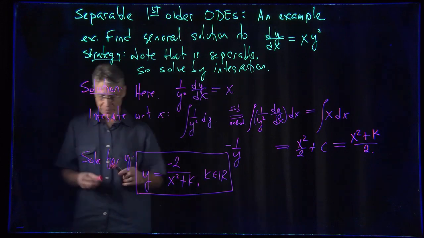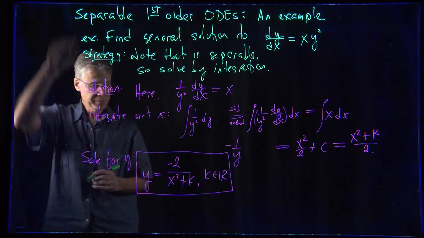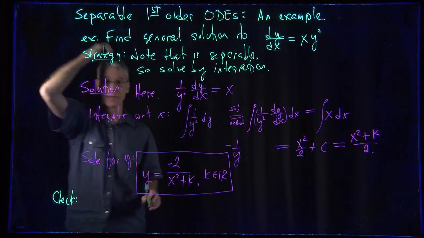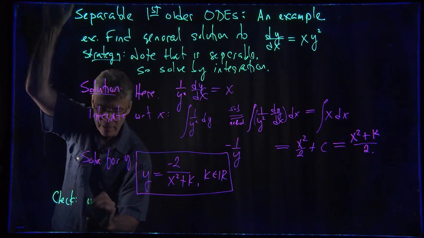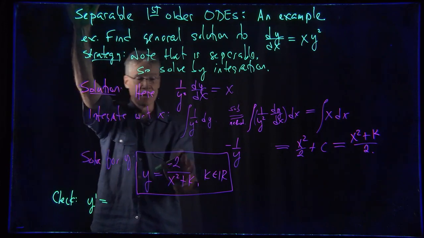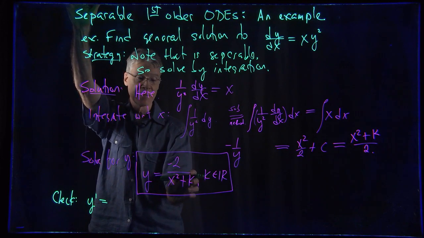Okay. Now, it's always a good idea to make sure that you haven't made a mistake along the way. If I were to calculate the derivative of this function that we found, this is minus 2 over an expression involving x.